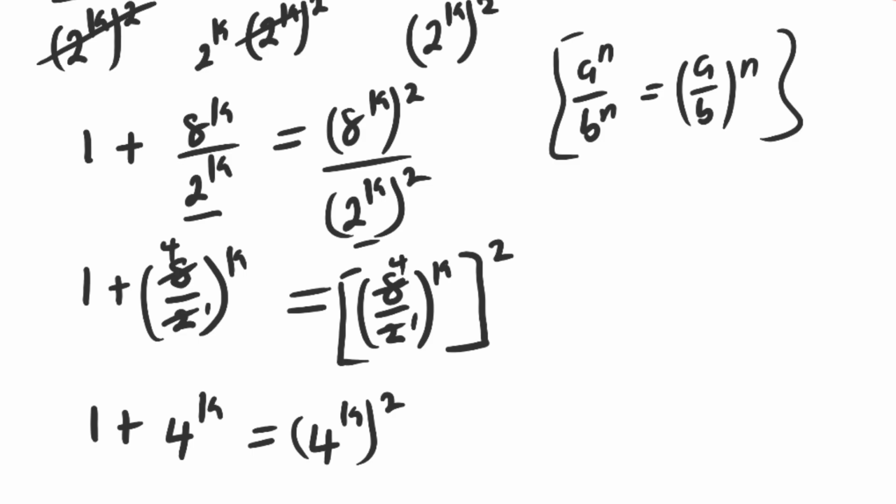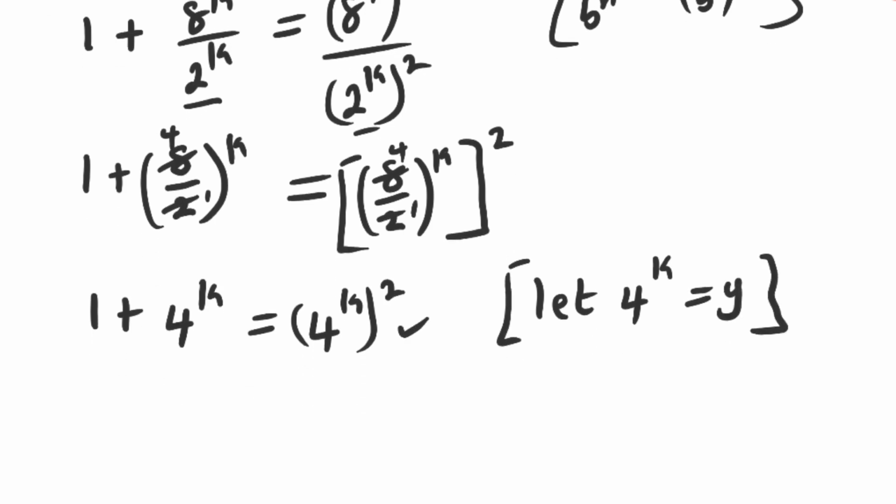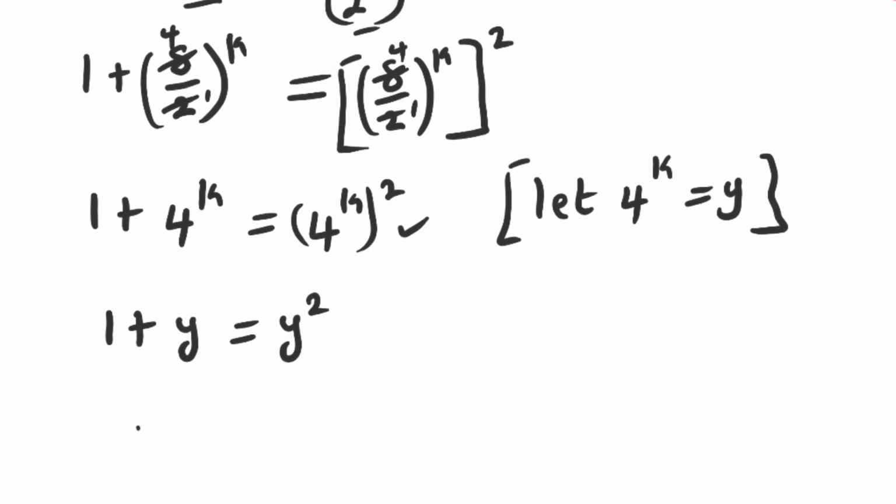At this point, let 4 raised to power k be equal to y. Then this can be written as 1 plus y is equal to y squared. So this can be written as y squared minus y minus 1 is equal to 0. This is a quadratic equation which can be solved using the quadratic general formula.